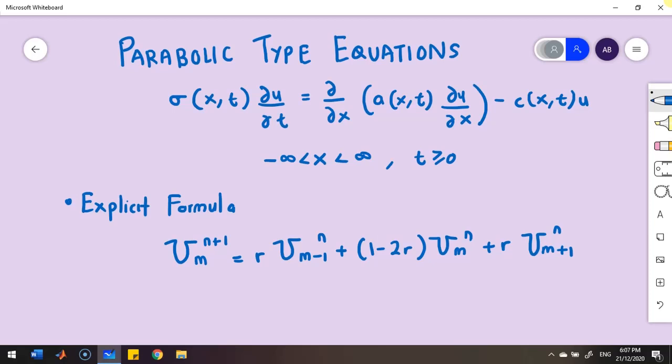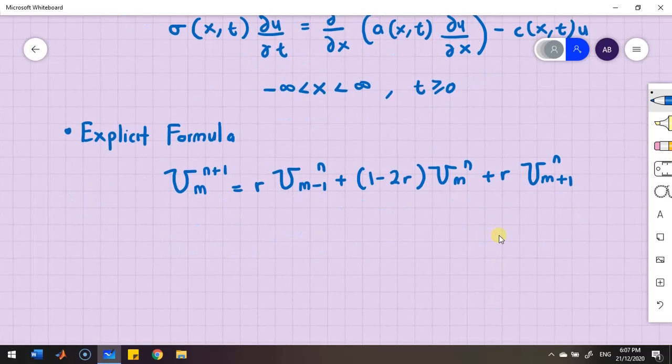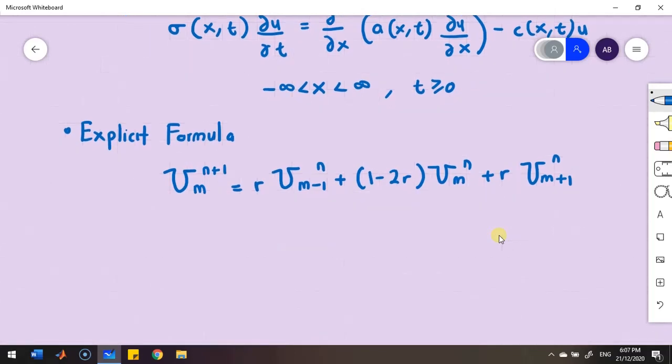Okay, so before we do that, we want to understand some of the grid points. So let me just explain to you about the grid point where big X equals m times h, and then big T equals n times k. So the grid points are X and T, and this m and n are integers.